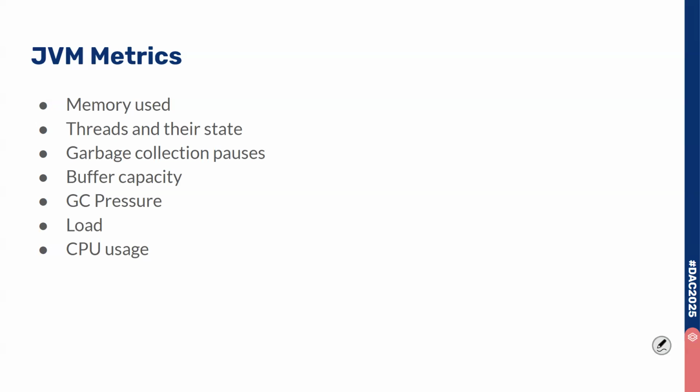JVM metrics are very similar to what we saw with Munin. We get things like memory used, threads and their state, how many threads are active, are they running, and garbage collection pauses. That's very important because a lot of times what you'll see is that the application just stops.